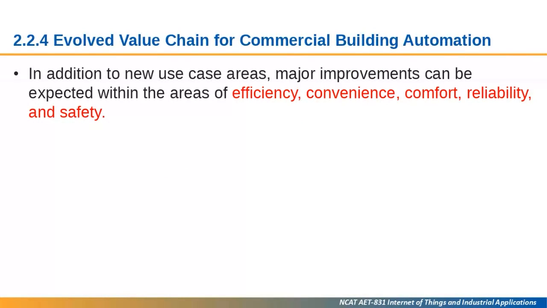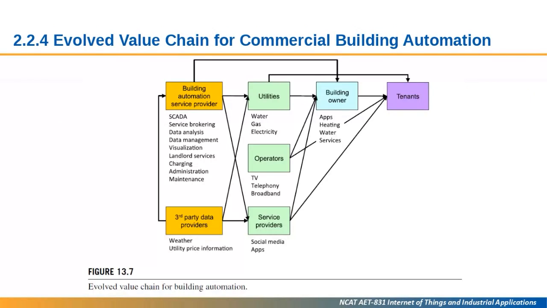For the value chain, remember that the previous value chain was a straightforward value chain without much interaction between different actors. But for the new value chain, for commercial building automation, we have interaction between different actors in the system.